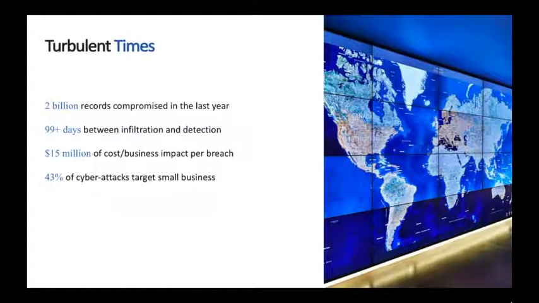So like I said, everyone's becoming more security aware, and that really is due to just about everything we see in the news. People's records being compromised, some really scary statistics on this slide. 99 days between infiltration and detection.